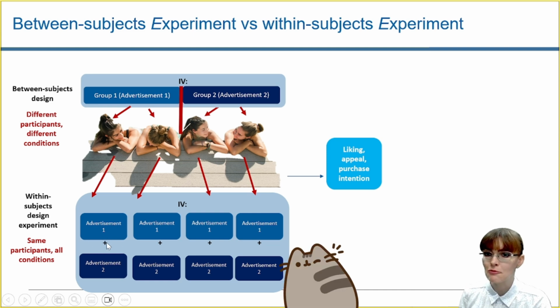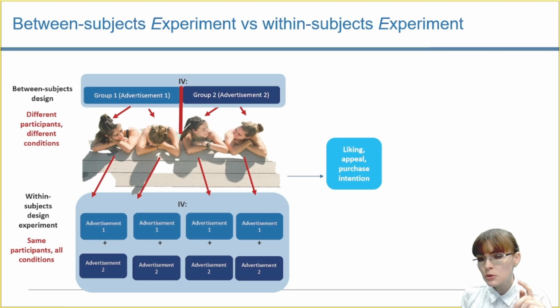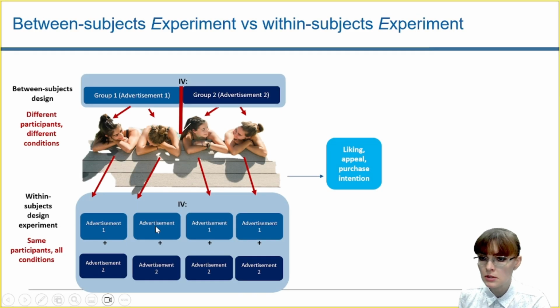This is why I have plus sign here. That would also suggest the next participant will also view both of the advertisements, and the same would take place for my third participant, the fourth participant, and so on and so forth. And at the end of the experiment, again, I would be measuring which of those advertisements was liked more, appealed more to consumers, and which one made them purchase the brand more.